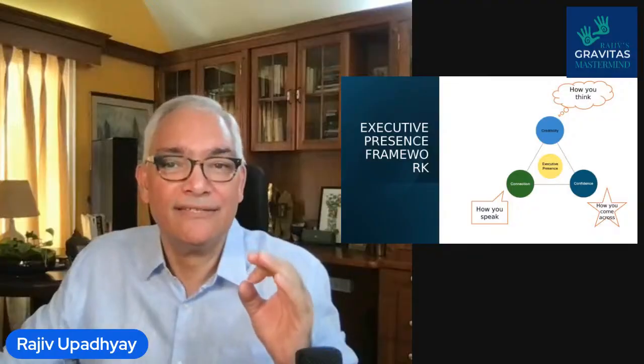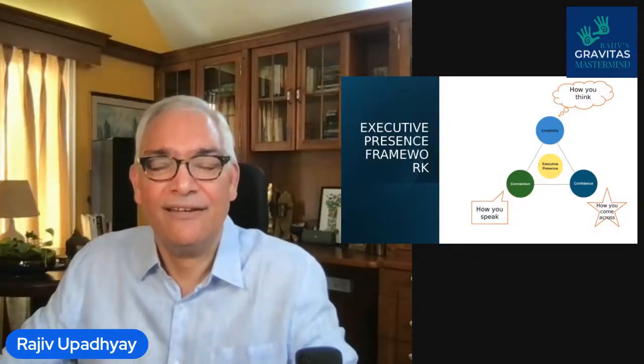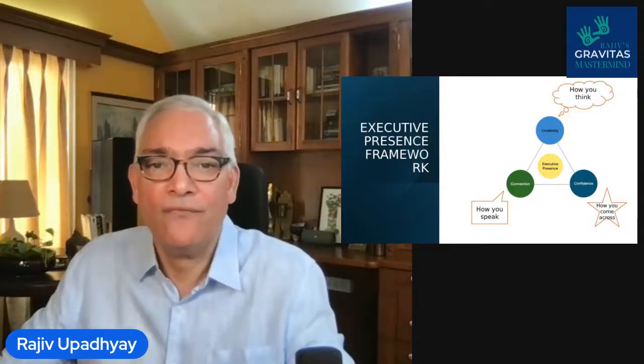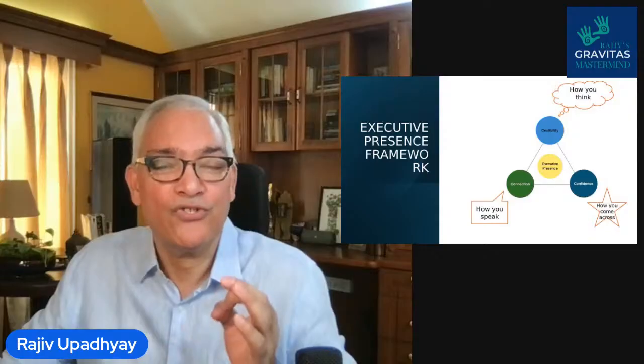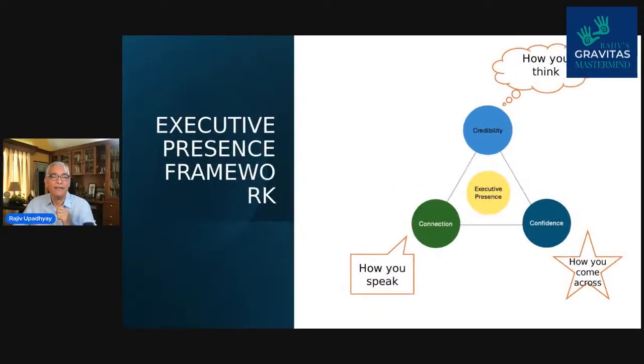So one of the things that we need to do, besides building our skill sets in thinking, speaking, and building confidence, is to be able to change the perceptions of people. And that can be done through personal branding. That can be done through the way that you are being perceived. How do you come across to people? Okay, so from this point, let's start to look at each one of these three areas one by one in detail.